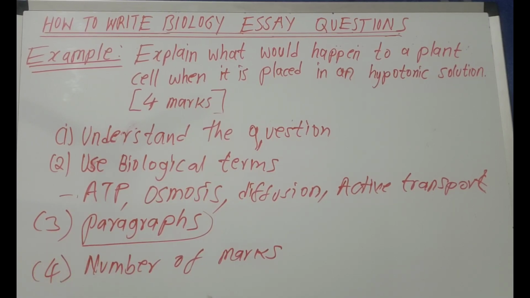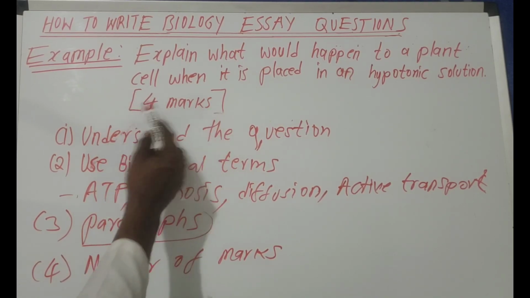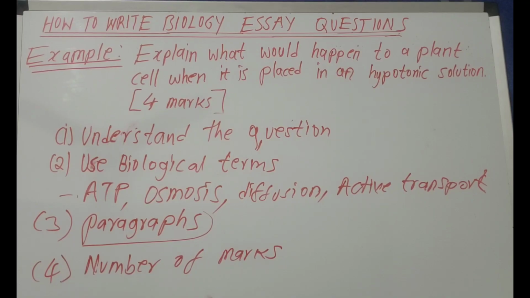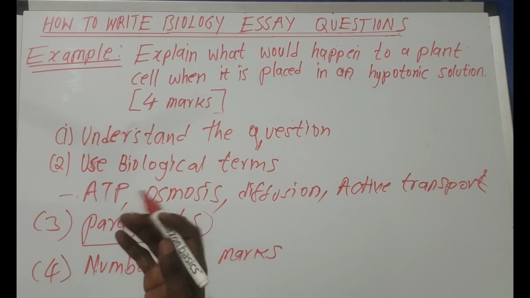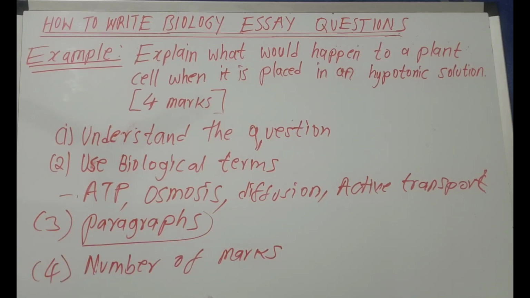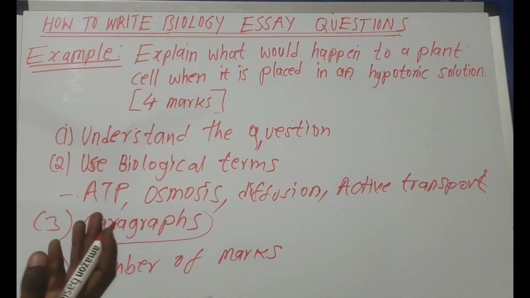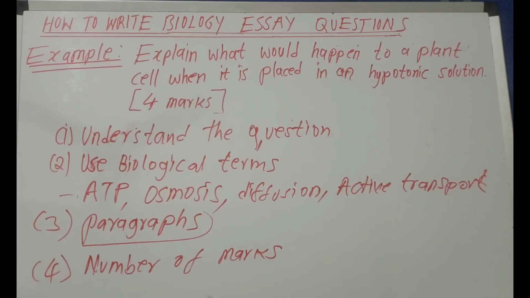But sometimes you might give out 2 points, include biological terms and proper definitions, such that everything leads you to 4 marks. But you need to consider the number of marks. There is no way you can give 2 points on a question that contains 6 marks. That is just not enough. So you need to give out as many points as you can, depending on the number of marks.